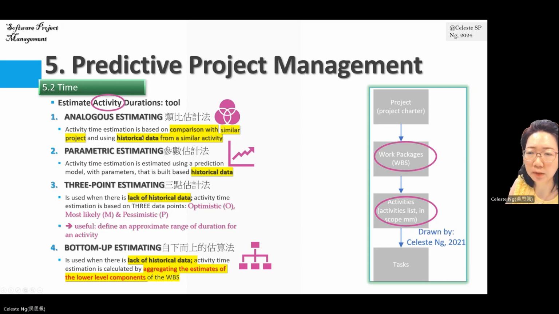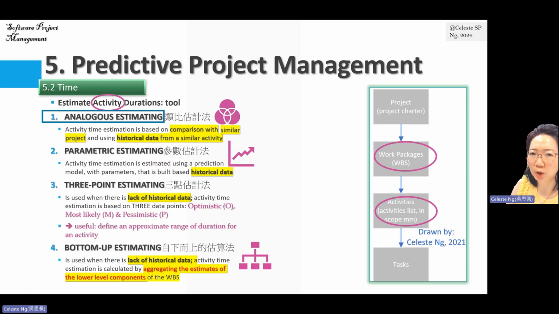Okay. So how are we going to estimate our activity duration? The first method is called analogous estimating. All right. As the name implies, this type of estimating is based on historical data.